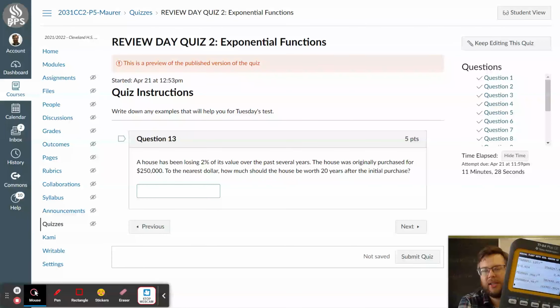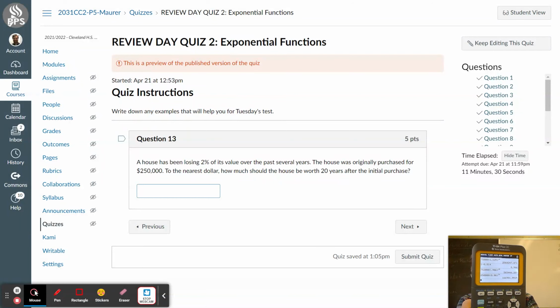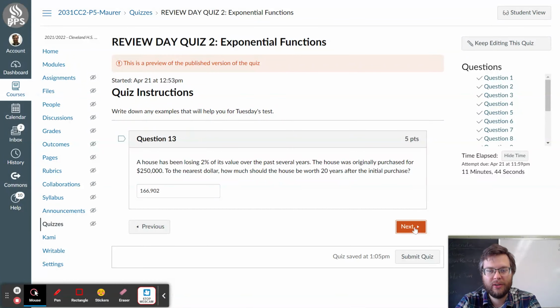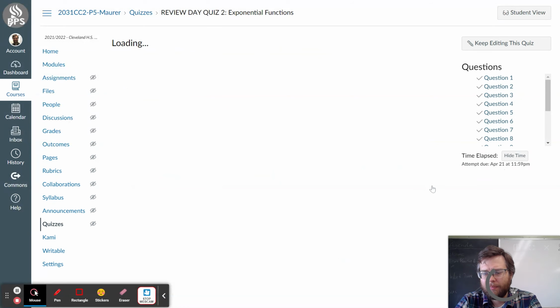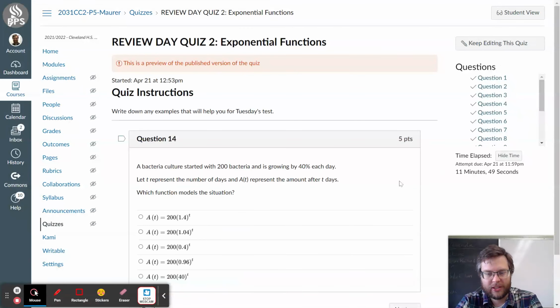This is super uncommon, by the way, especially where we live in Portland. Houses don't typically lose value. And so this, in Portland, houses gain something like 5, 10, or 15% value each year, depending on how the market's doing. So maybe it's realistic in some other markets, but it's not realistic in Portland.